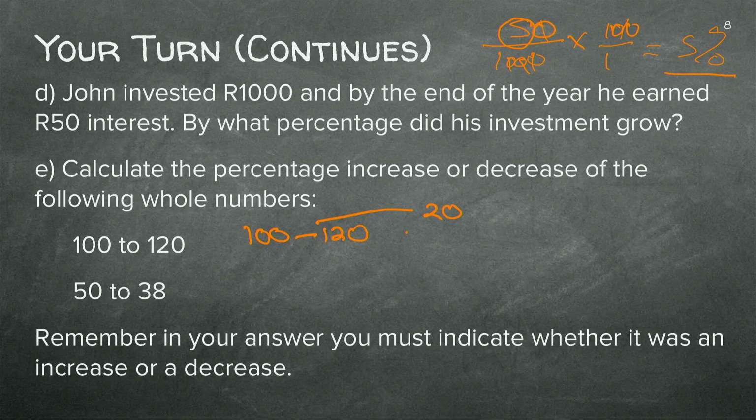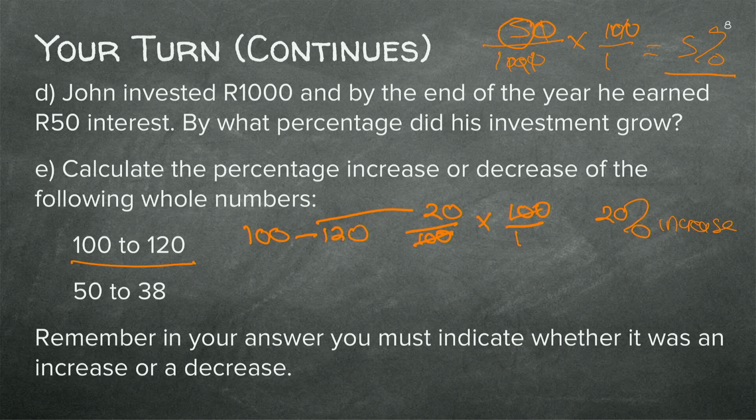We put it over the 100 times 100 over 1. So what is our answer? 20%. But now you must say increase or decrease. 100 to 120, 20% increase. Remember, it's important to add that.